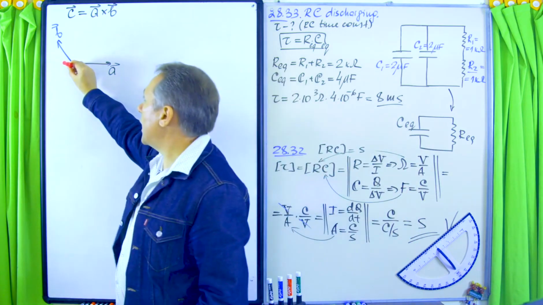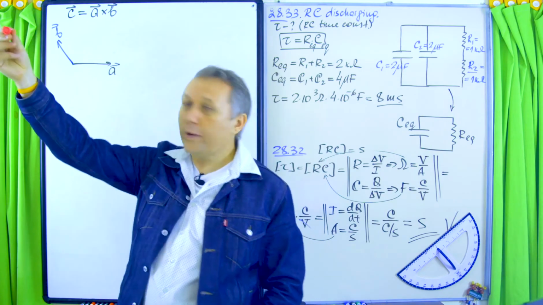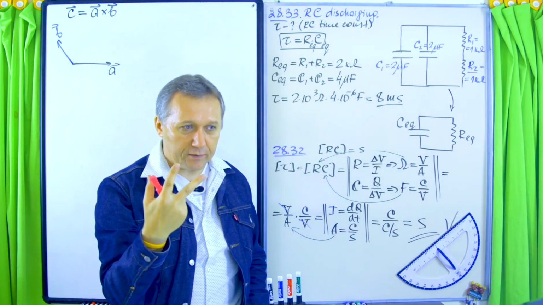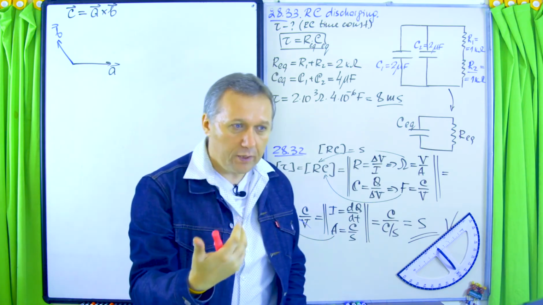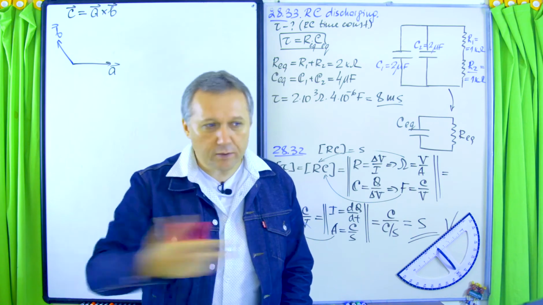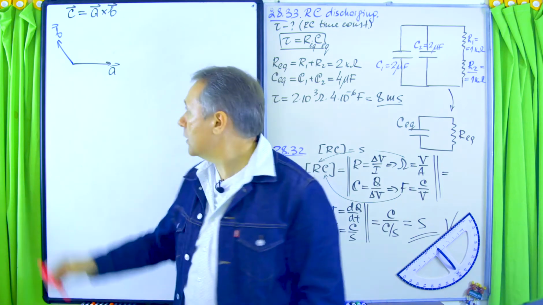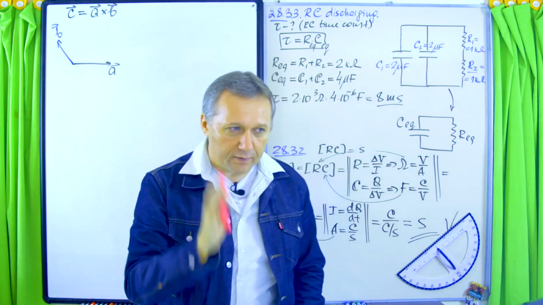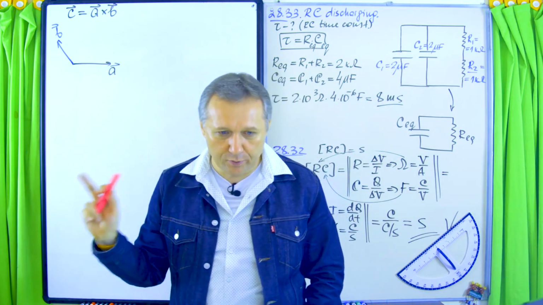So it can be either out of the board or into the board. There are two options for vector C. Now we just need to apply the right-hand rule to find the correct direction. Any other direction would be immediately wrong. If I say 40 degrees that way, no, that's wrong. Vector C in this case must be perpendicular.